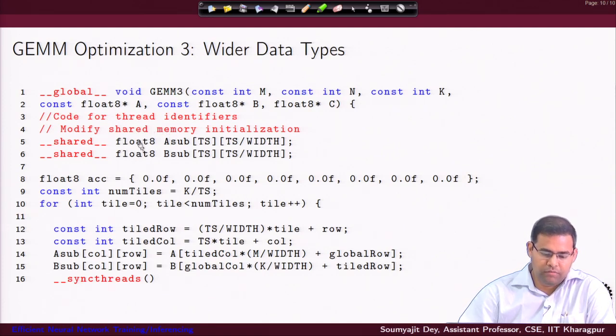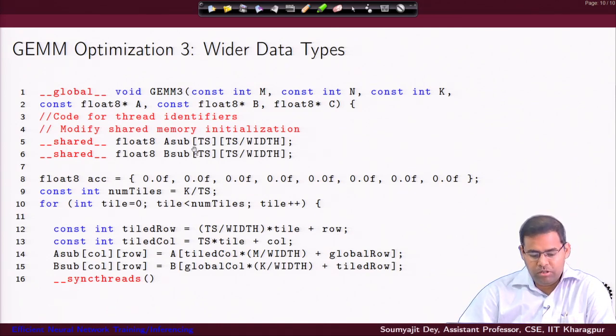If I declare a float8 kind of variable, let us say I am now making these A sub and B sub arrays, which are in my shared memory, and declaring them as of type float8. That would mean each element in that array can accumulate 8 consecutive floating point data, fine.